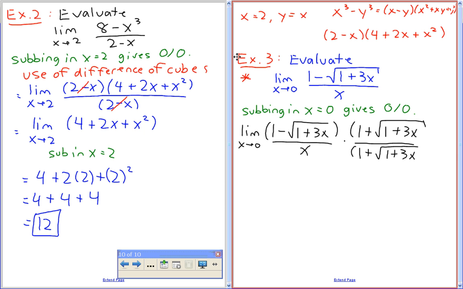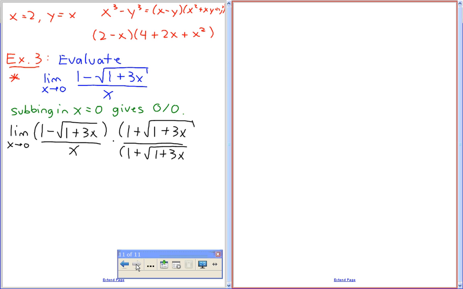Root of 3x? Okay, good question. I'm going to let you guys take this. This is an aside here. So you're just saying you want to multiply just by this part. So it's going to be the limit as x approaches 0 of 1 minus root of 1 plus 3x all over x times this. That's what you're saying?